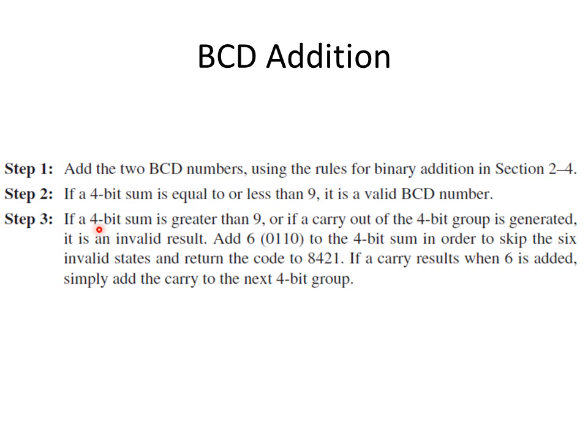If a 4-bit sum is greater than 9, or if a carry out of the 4-bit group is generated, it is an invalid result. Then add 6 to the 4-bit sum in order to skip the 6 invalid states and return to the 8421 code. Actually, BCD code is also called 8421 code. If a carry results when 6 is added, simply add the carry to the next 4-bit group.